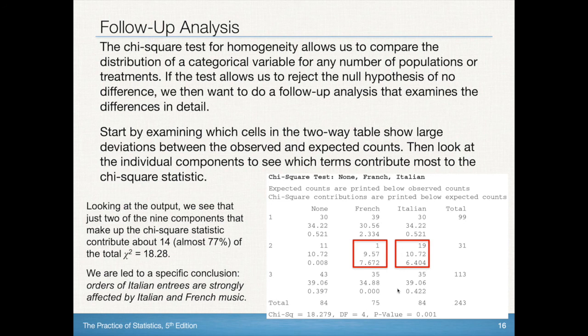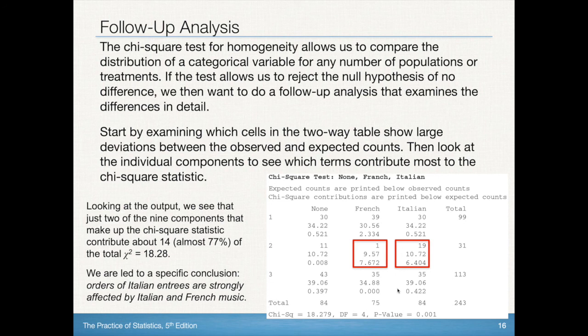You'll see that with our total chi-squared score of 18.28, that 7.67 is added to that based upon the one observation of French music playing and you order Italian, and then 6.4 is added to the chi-squared score based upon the Italian music playing and ordering Italian. So this is significant because it shows that Italian entree ordering is greatly affected by Italian and French music.